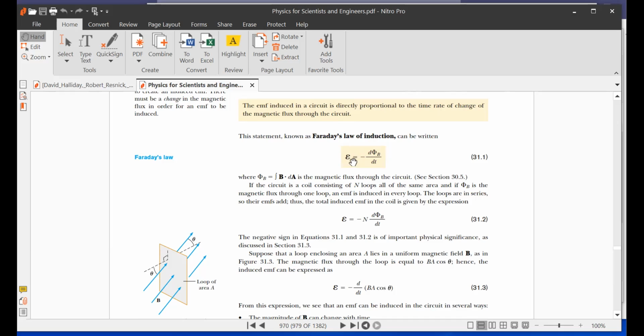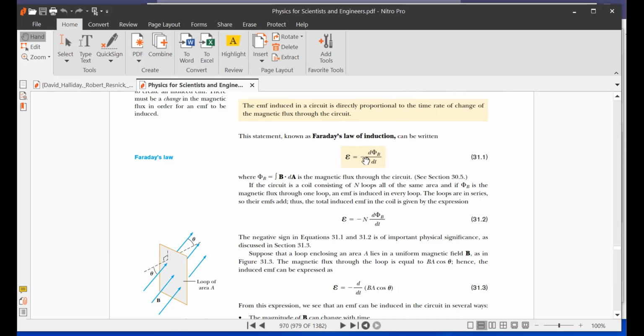This epsilon is the induced electromotive force, like the source of the voltage, caused by the change of the magnetic flux with respect to time.